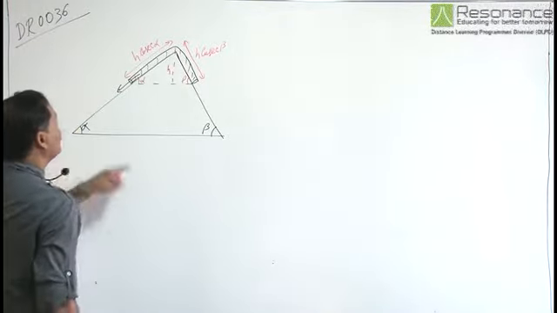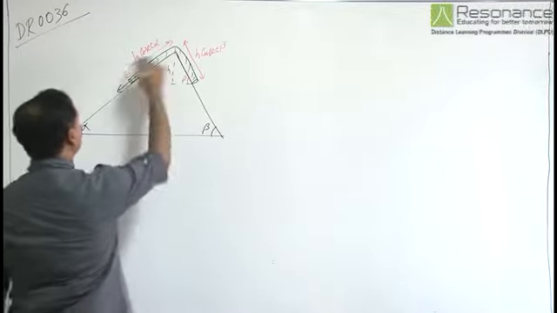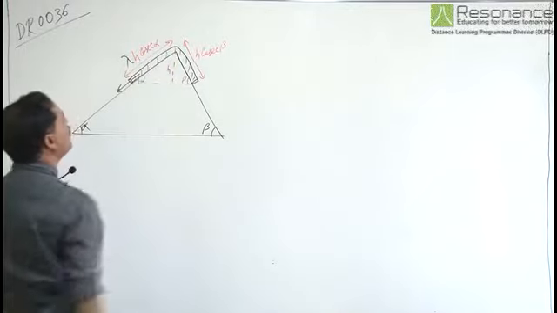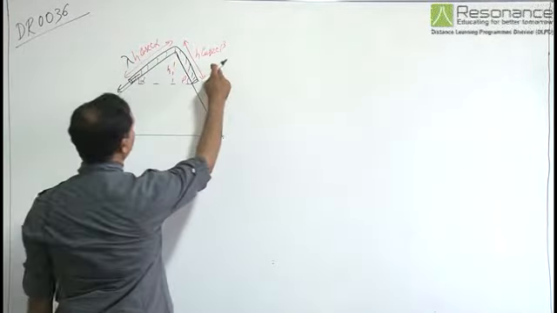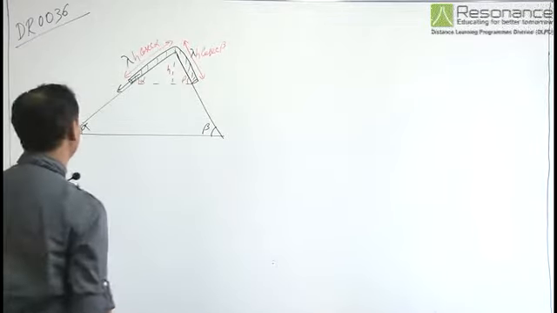If we consider lambda to be the mass per unit length of the rope, then the mass of this portion is lambda h cosec alpha, and the mass of the other portion is lambda h cosec beta.